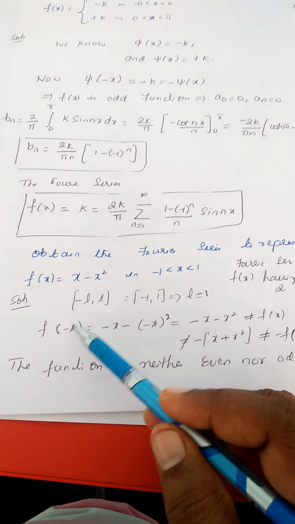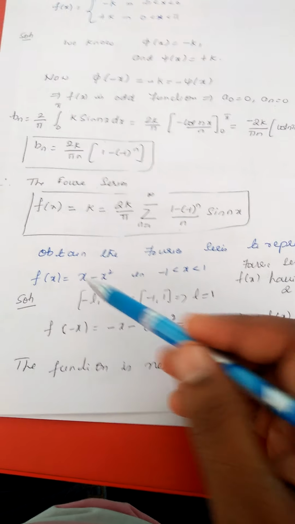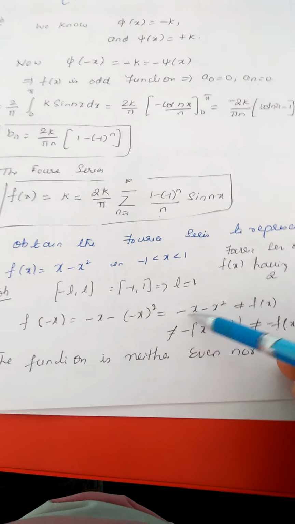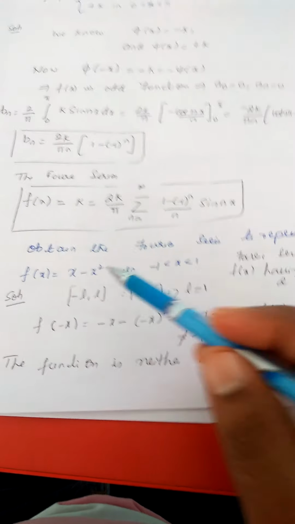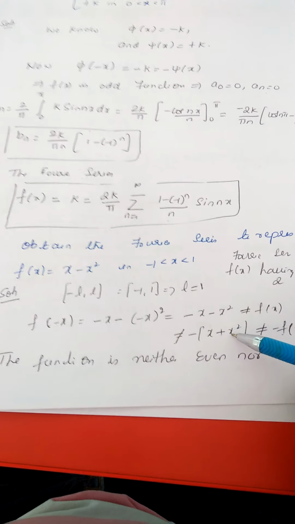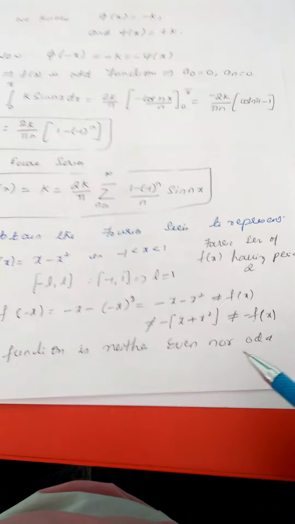So we have to replace x by minus x. This is f of x. Replace x by minus x. We get minus x minus of minus x whole square, we get minus x minus x square. So this is not equal to f of x, isn't it? Again, if you take minus common, we get x plus x square. That is also not equal to minus into f of x.